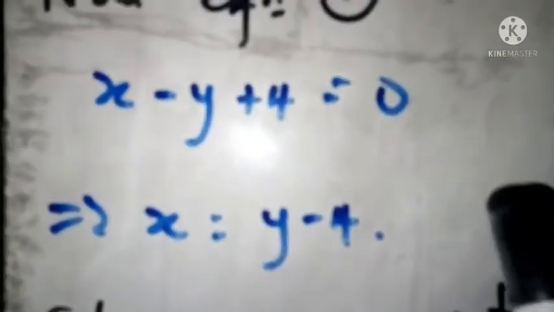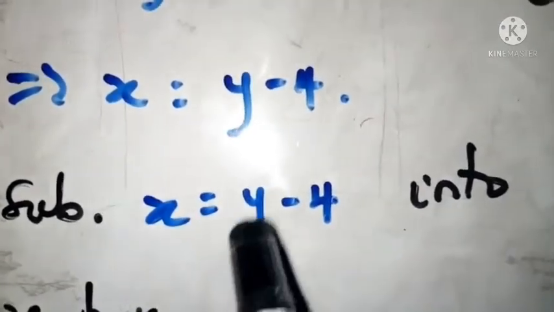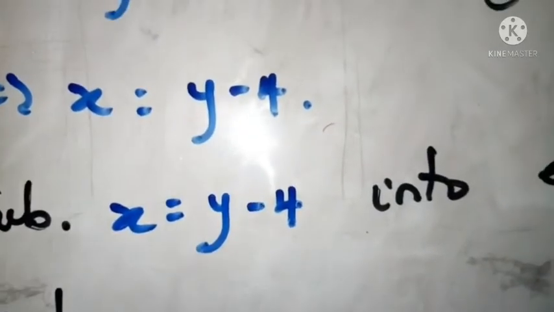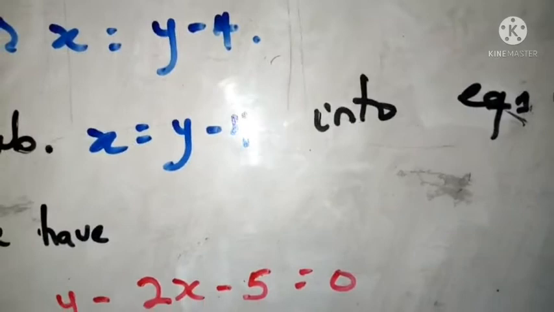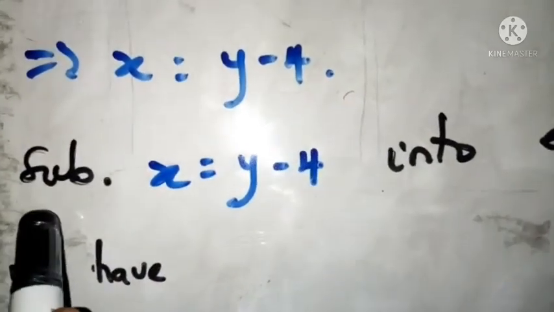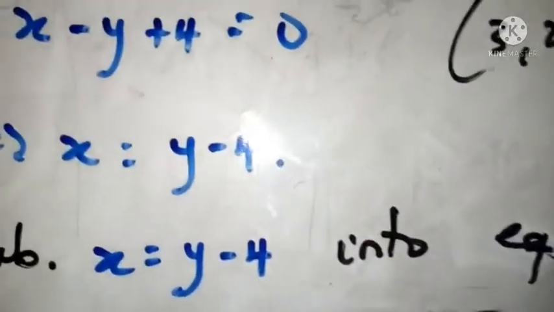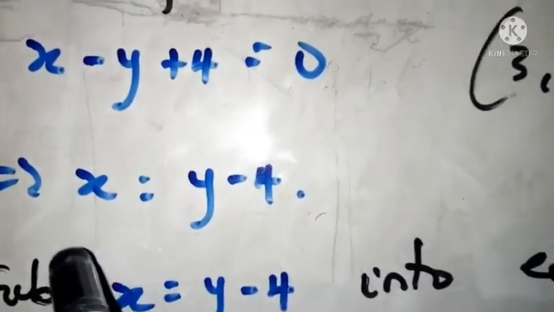Everything crosses the equal sign. Now since I have x equal to y minus 4, I can plug this x into the second equation to solve it easily. If you don't know how to solve simultaneous equations, just comment down below. So I substitute x equals y minus 4 into the second equation, because I made x the subject of the first, so I cannot plug x into the first equation again.